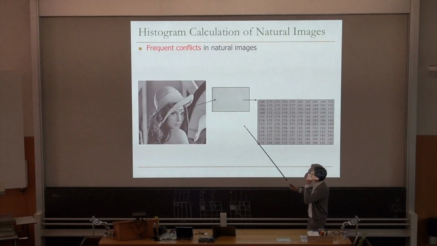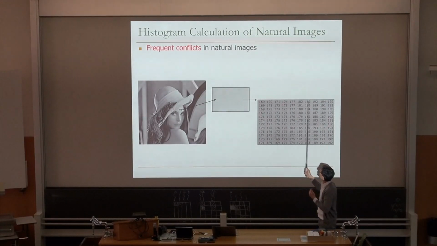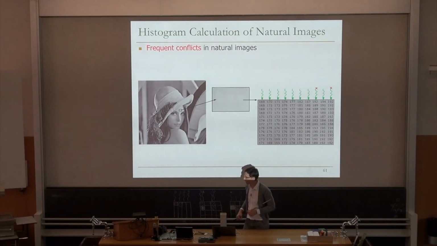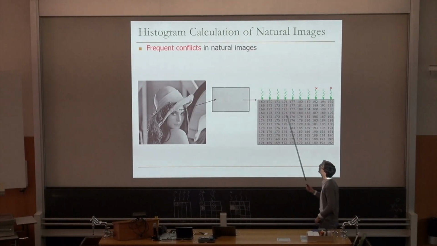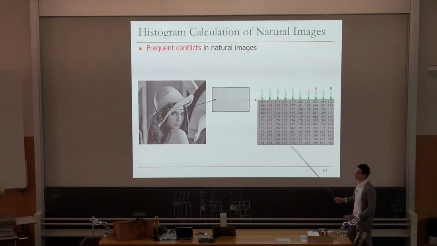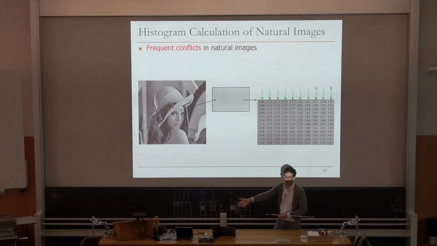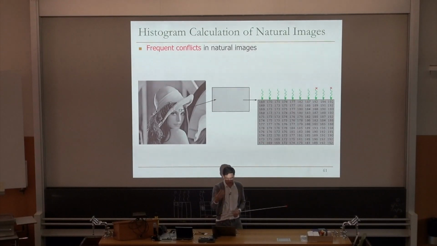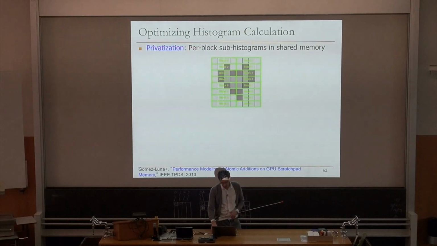In all this gray area, all the pixels have very similar value. If we are reading all these pixels in parallel by many threads, sometimes we will have conflicts, as for example, these two threads are reading pixels with exactly the same value. So if they update the histogram, they will both update bin 192, and this will produce an atomic conflict.